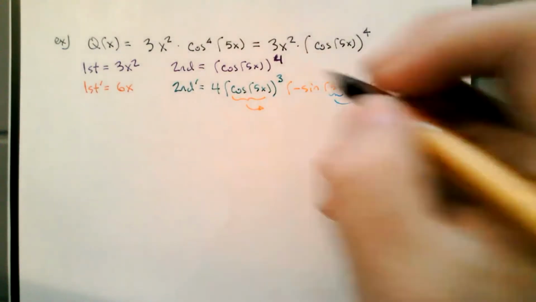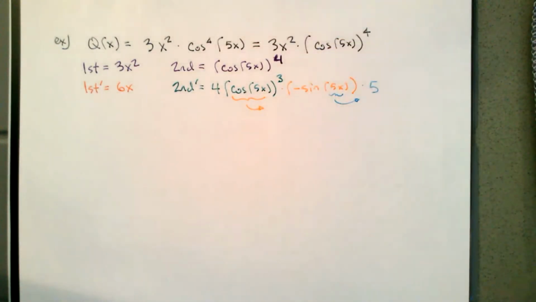So we had to stack a couple of chain rules together: take the derivative of the outside with respect to the inside, multiply by the derivative of the inside. Now this is just the derivative of the second.